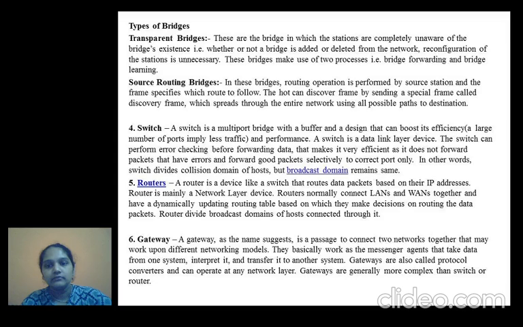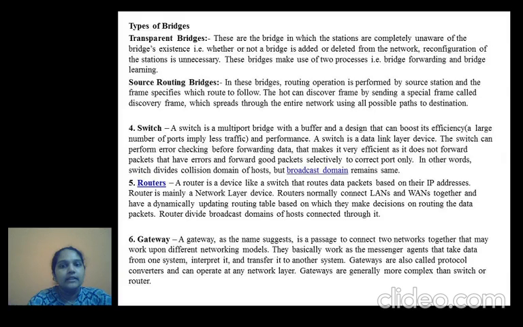They basically work as a messenger agent, taking data from one system and transferring it to another system. Gateways are also called protocol converters and can operate at any network level. Gateways are generally more complex than a switch or router.